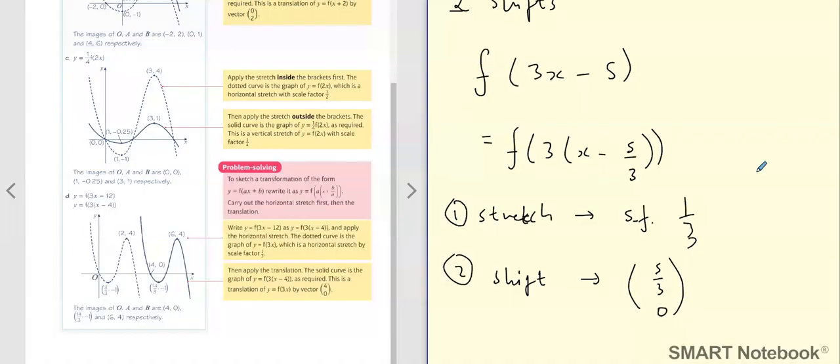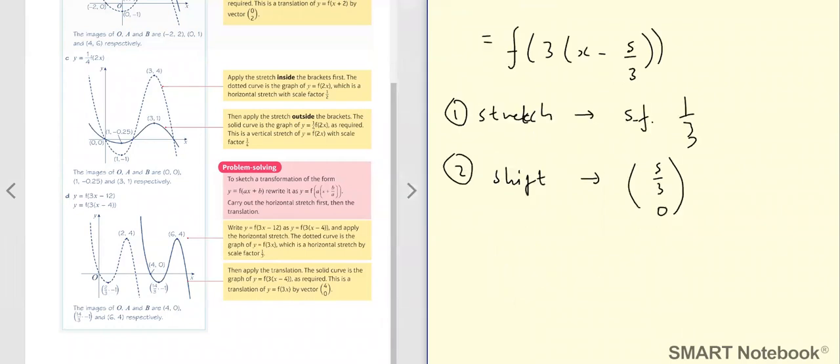If you get something like this inside the brackets, factorize the stretch element out of both terms so that you know what the stretch scale factor is, and that then will also impact your shift. First you'll do the stretch, then you'll do the shift. And we'll look at examples.